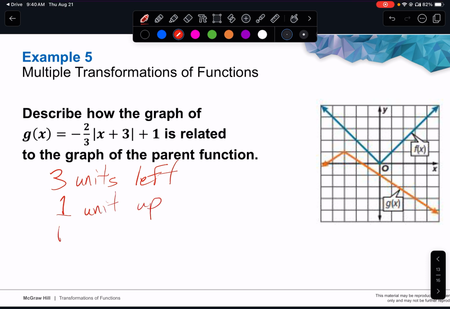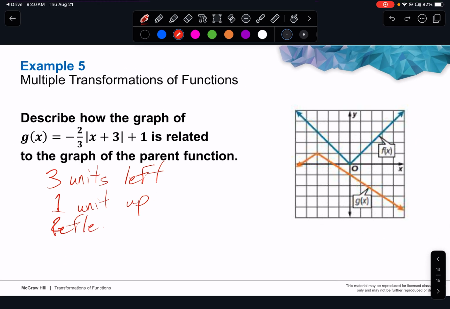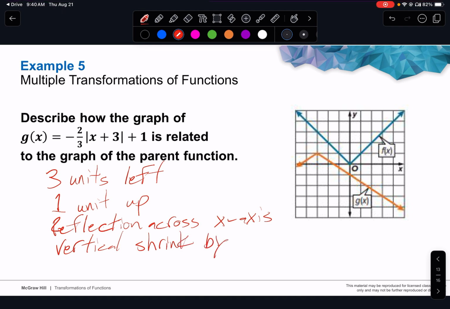We have a reflection across the x-axis, and then we have vertical shrink by 2/3.